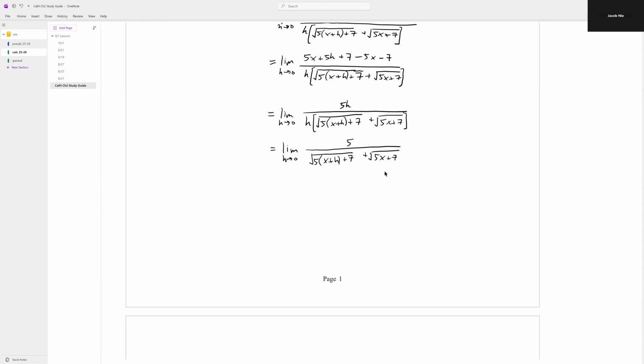And so as my final step, I can now plug in the h equals 0, which means I can drop the limit symbol now. And when I plug in h equals 0, this 5 times x plus h plus 7 becomes the same as the 5x plus 7. And so what I'm left with is simply 5 over 2 times the square root of 5x plus 7.